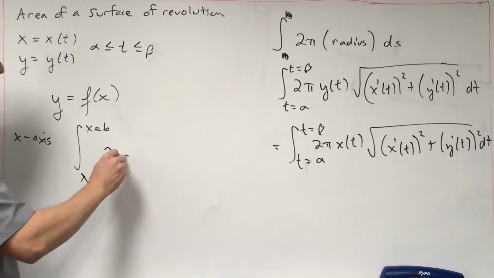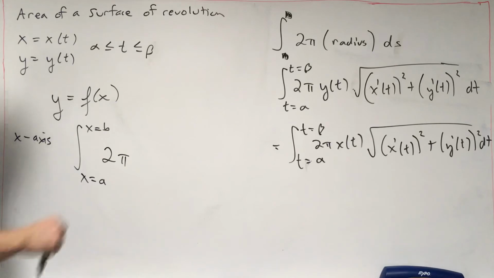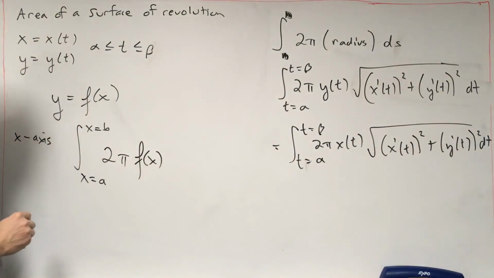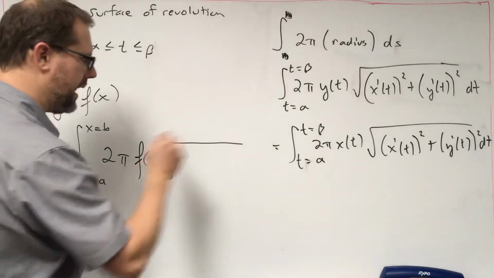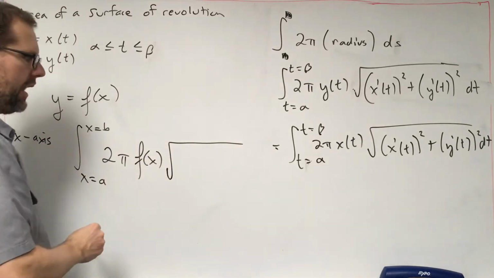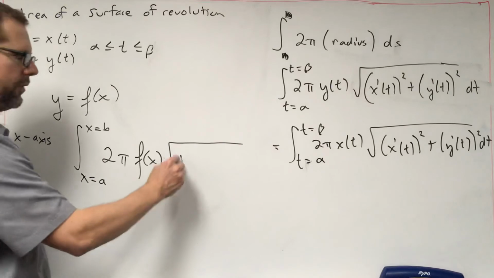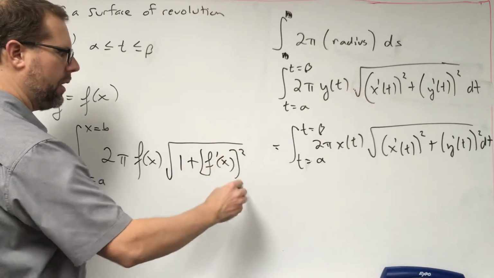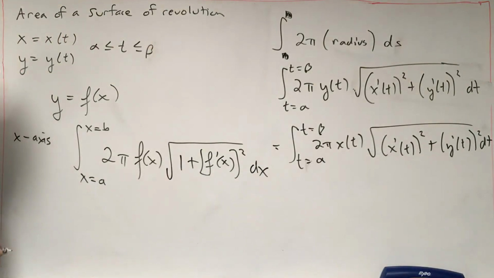We'll still have 2 pi. And once again, the y value, which is given by f of x, is going to be your radius. Your ds comes next. And in this situation, remember, it's 1 plus the derivative of f of x squared dx.